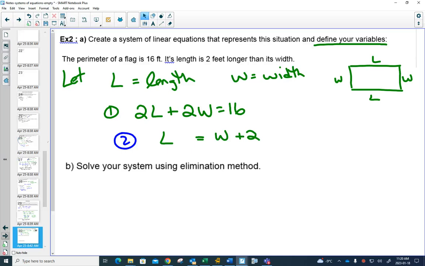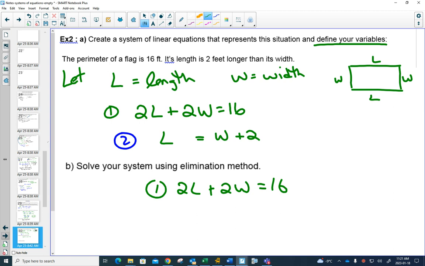So in the elimination method, this one is a little bit more work because my variables don't match up. So the first thing I'm going to do to equation number 2 is I'm going to subtract the W, so that my lengths, my widths, and my numbers at least match up.